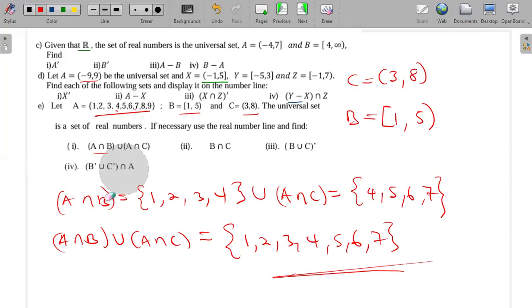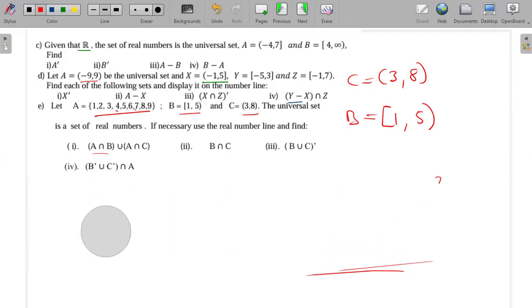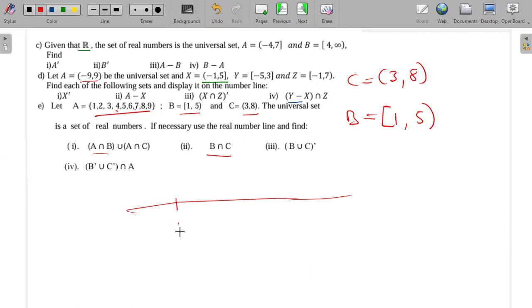Okay, so let's consider the next question. The next question is asking us for the intersection of B and C. Let me plot them. I'll use a number line for this one. So B, we have 1, closed at 1 here, and it's going all the way to 5, and it is open at 5.